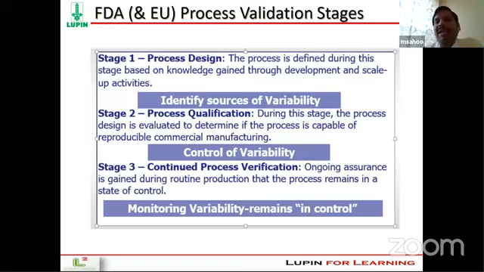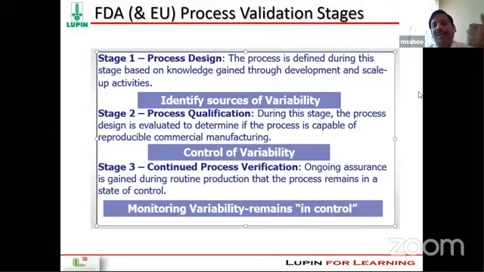The variability can be from the raw material. When I say raw material, I mean what goes into the process. People, raw material, process, utilities, all of these are variable.